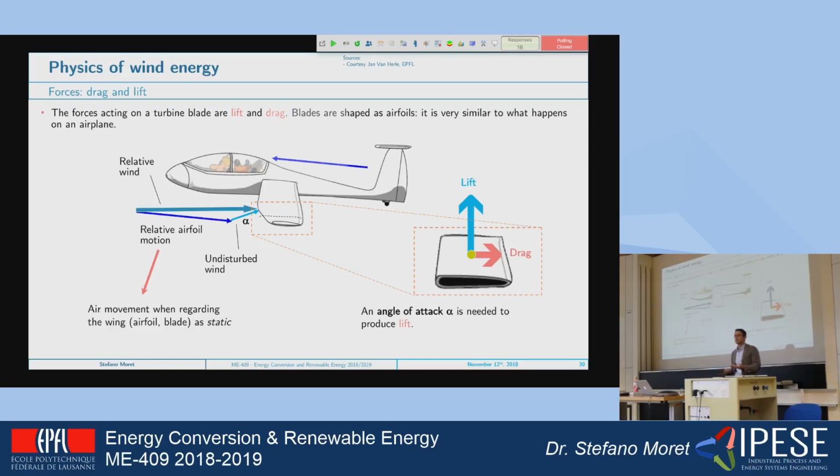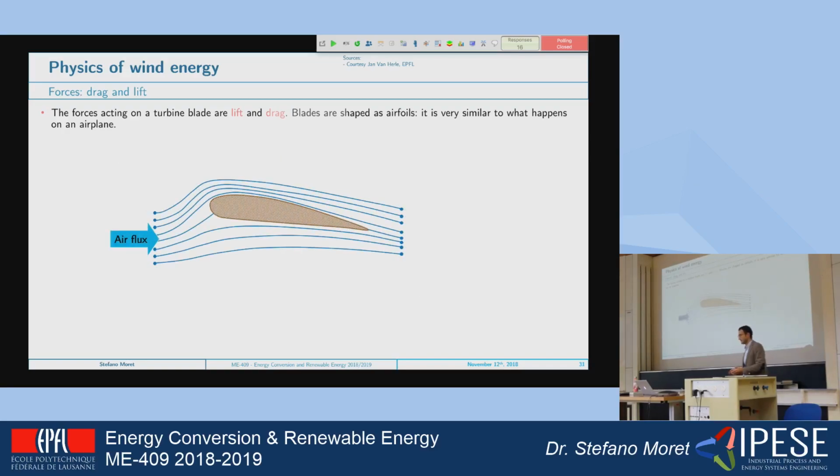So what happens on the wing of an airplane? We have the airfoil theory. Basically, the wing is impacted by an airflow. The trick is building the upper side of the wing with a longer path, while the lower part is shorter.